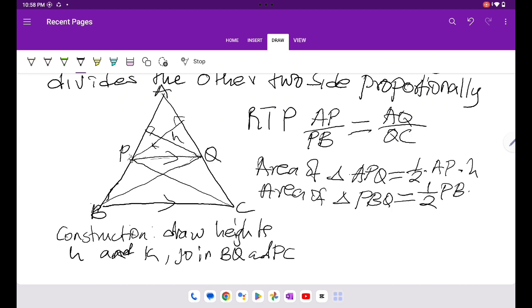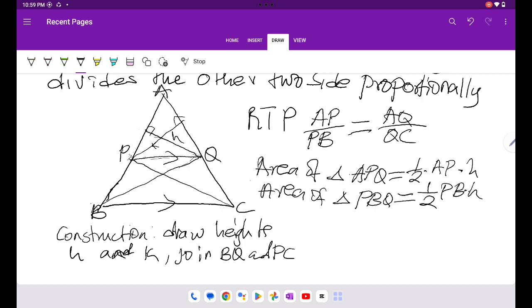So we will extend this one and join. Already it's existing. We can see that this height is actually the height of this triangle, so we just put the H as the height there. Right, so the area of triangle PBQ is half PB times H.